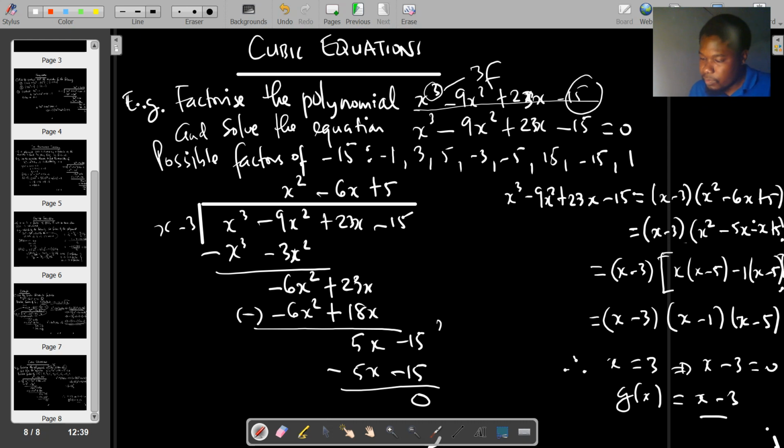This is how you factorize everything. That should be your factorization.